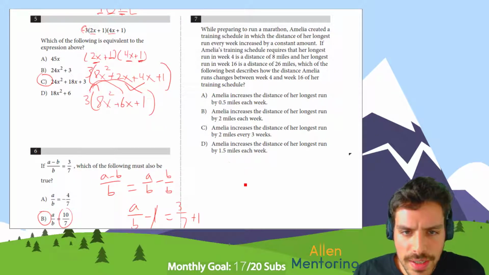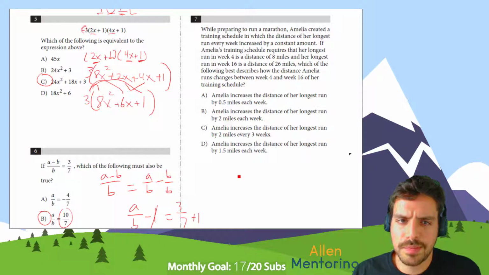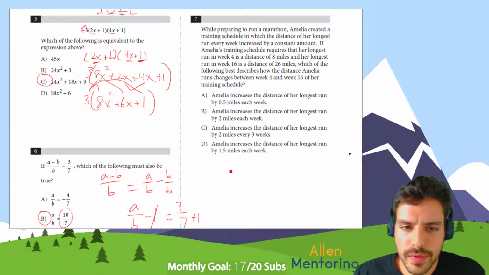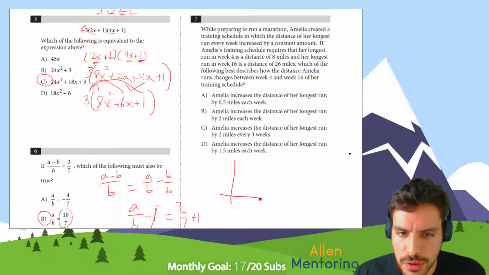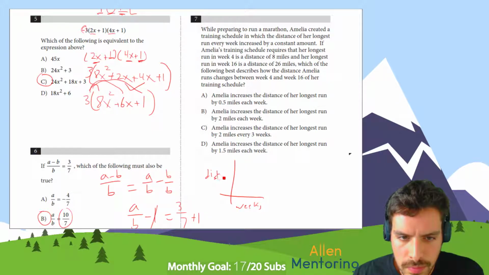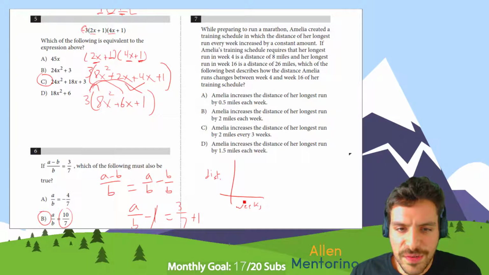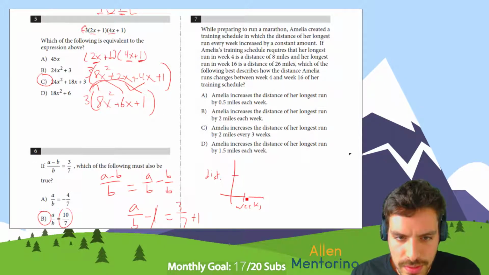So this is kind of like a slope problem, right? Because if you were to draw, these are the weeks, and this is the distance, okay? At week 4, she's run like 8 miles, right? So this could be 4, this could be 8, okay?